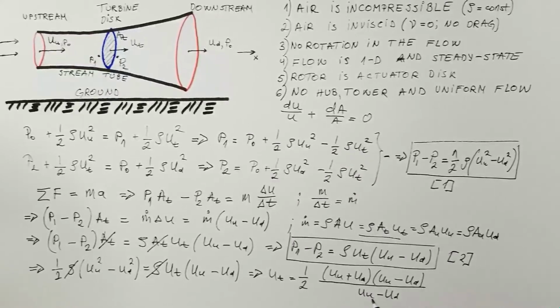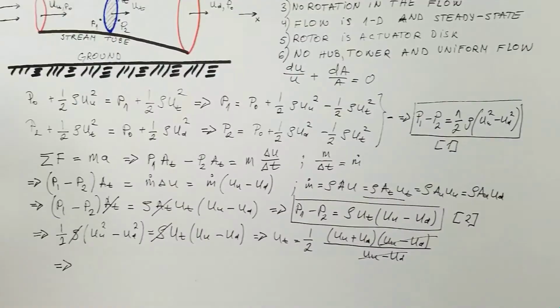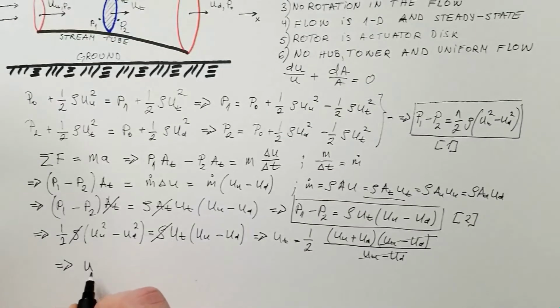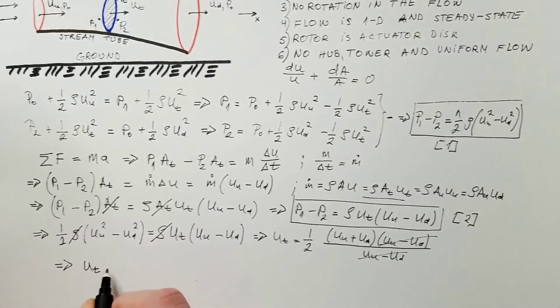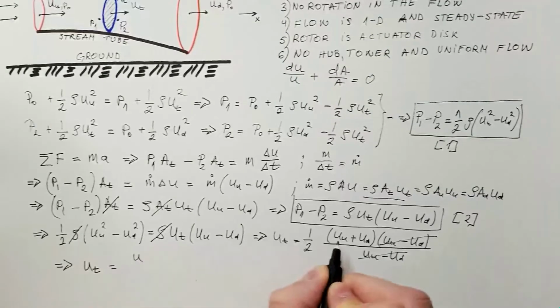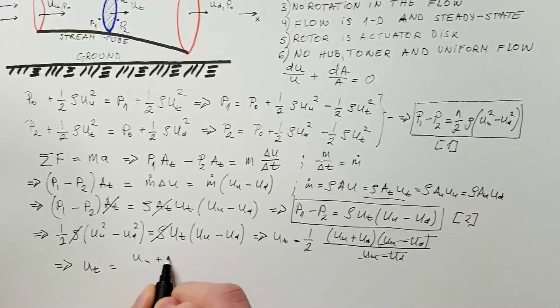And notice that I can cancel these two, which means that UT is equal to U upstream plus U downstream over 2.